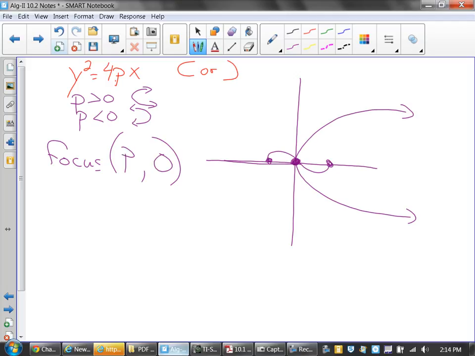The directrix then will be at x equals the opposite. And basically what's happening in the relationship between the focus, the curve, and the directrix is that any point on the curve is equidistant to both the focus and the directrix.